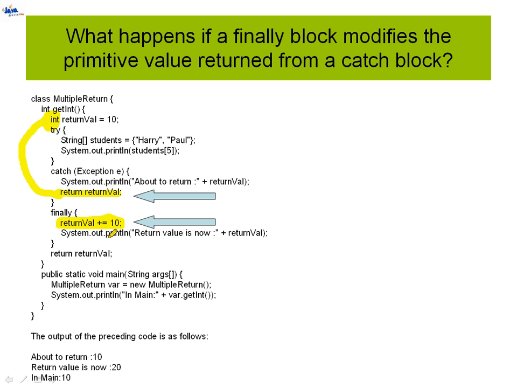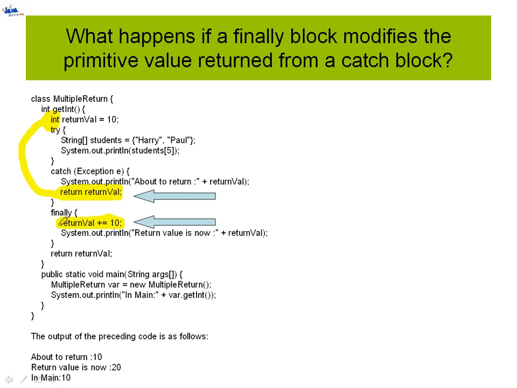Does the value returned by the catch block show the modified value or the original value, and why? Anyone? We talked about pass by reference and pass by value in Java, right? Yes. So when the catch block is about to return the value of a primitive variable, it has already copied it to a place in memory.